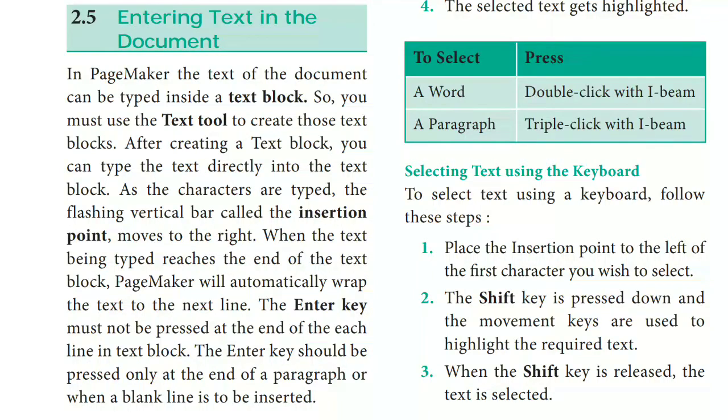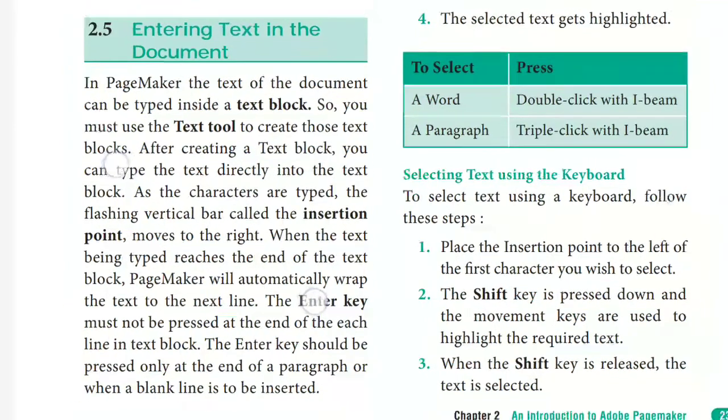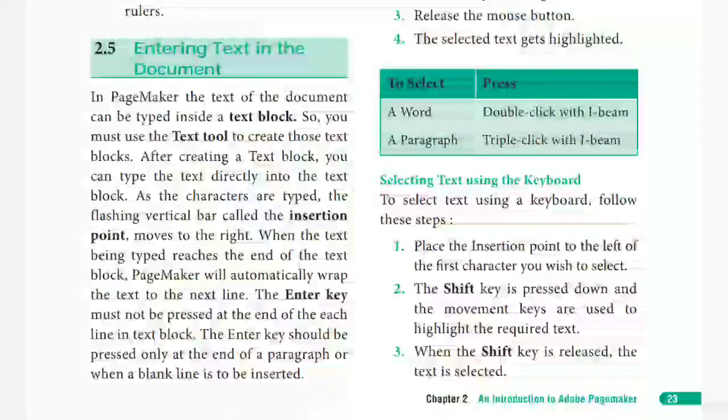You can click the text tool from the toolbox, and then click anywhere inside the page where you want to type text. When you click, it will create a text block. In the text block you can enter the text here.